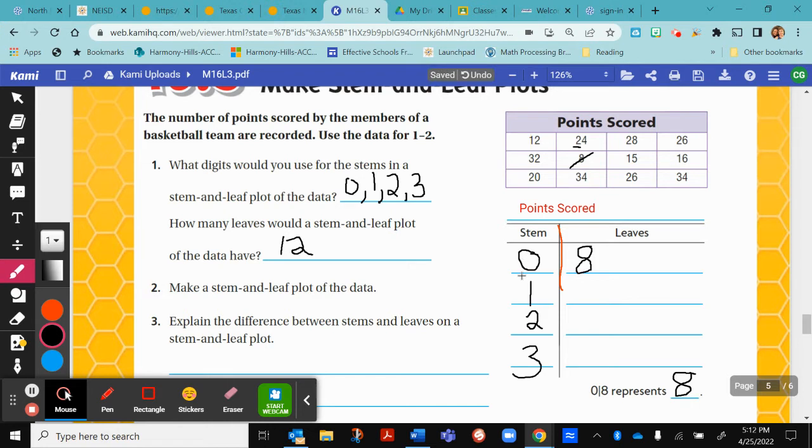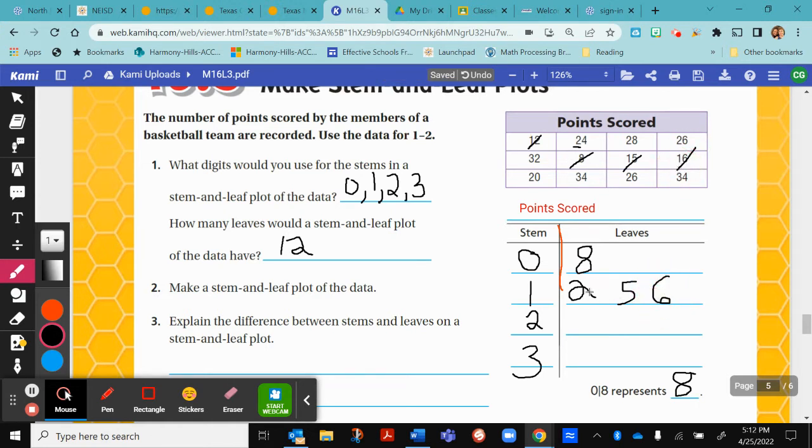Now I'm going to go to my stem 1. In stem 1, I notice that there's a 12, so I'm going to write the 2 here. There is a 15. And because I'm still in stem 1, I'm going to put my 6.